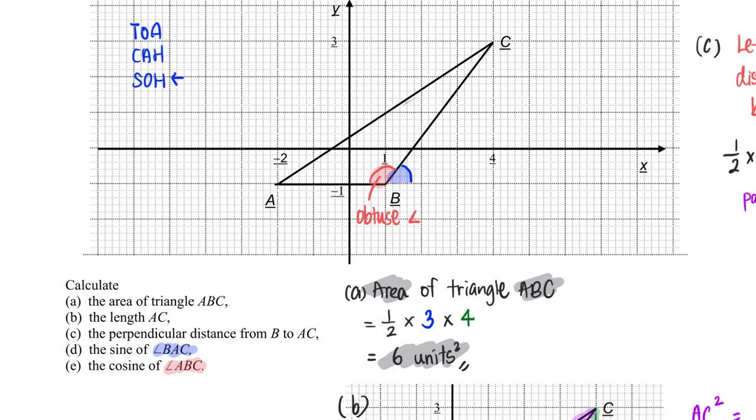And we all know there's a special relationship for the cosine ratios of the acute and obtuse angle when they are supplementary. They add up to 180 degrees, yeah? So the cosine of this angle ABC, which is the obtuse angle, will be equals to the negative of the cosine ratio of that acute angle.